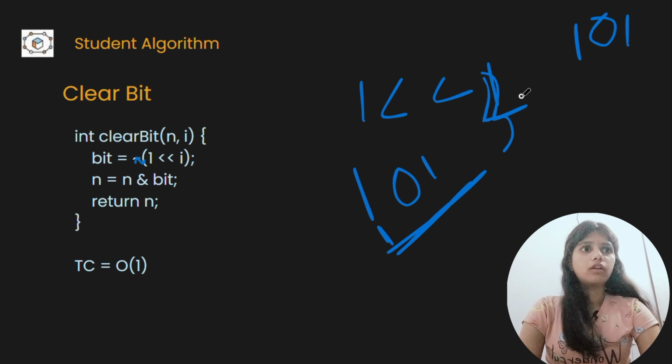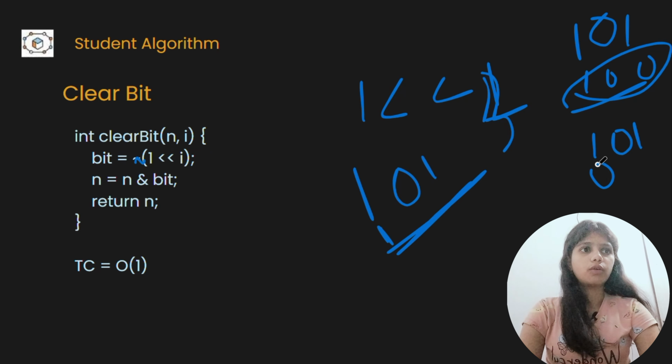Now 1 is at this position and 0 0 elsewhere. So we are supposed to perform the negation over here, and we'll be getting 0 1 1. If it is 32-bit, we always get ones in the remaining positions. So we need to perform negation over here. Then after performing the negation, we need to perform the AND operation.